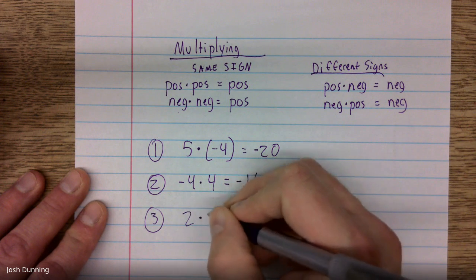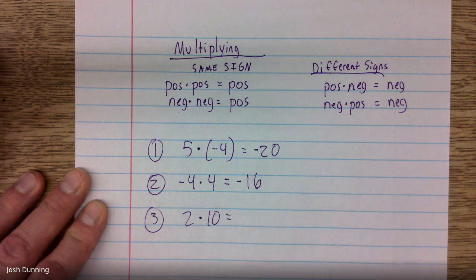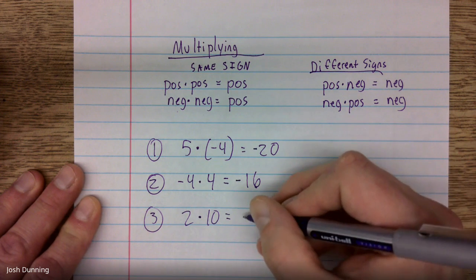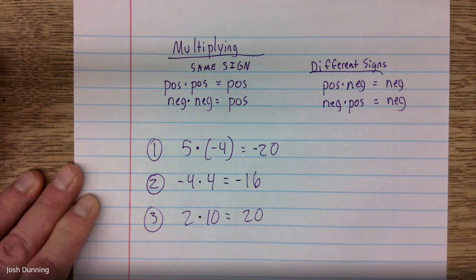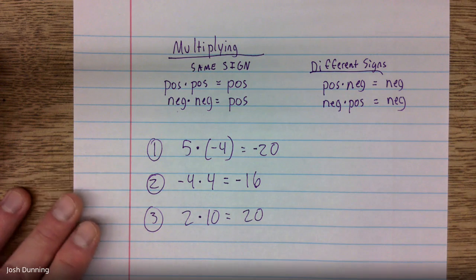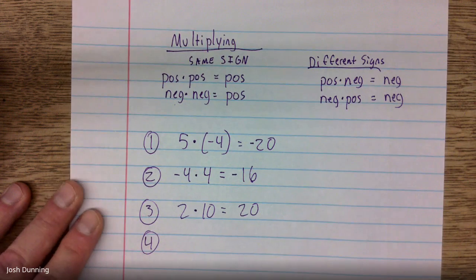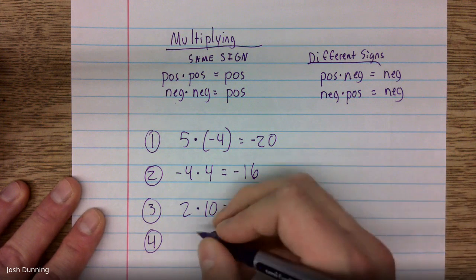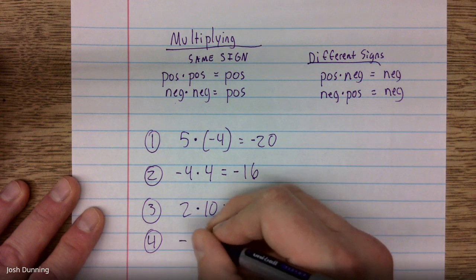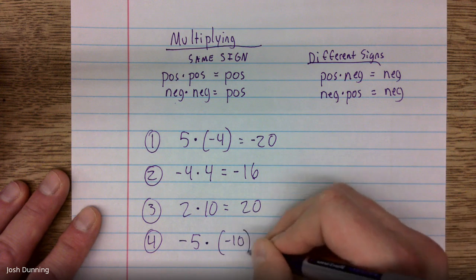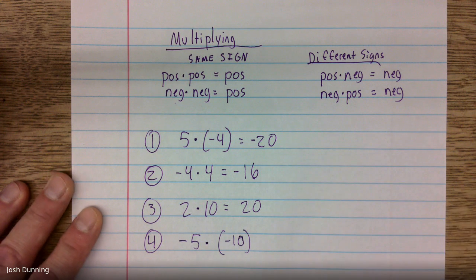Now, don't let all this sign stuff confuse you here. If we have a positive times a positive again, just like you've done for years, stays positive. And then we have a negative times another negative. 5 times 10 is 50.